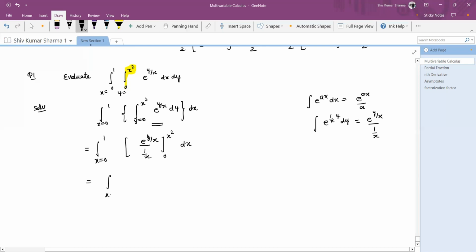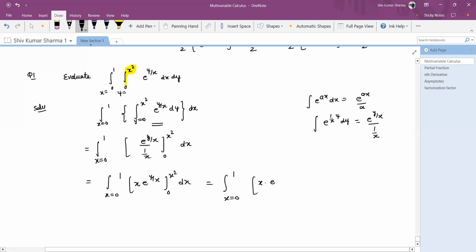So we write this as 0 to 1, x into e raised to the power y upon x. Apply the limit 0 to x square, dx.